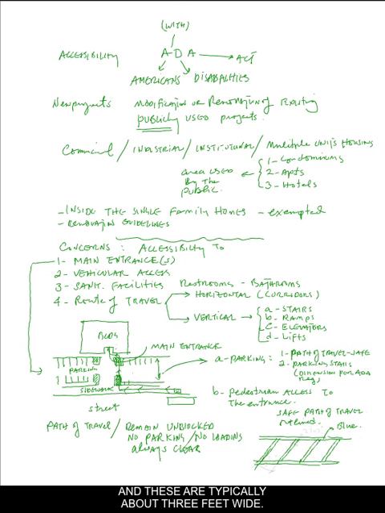And these are typically about 3 feet wide. The stripes are about 2 to 3 inches. And that way the path of travel is marked. I will shortly continue with the additional information on the main entry access and the sidewalk access, the slopes, and all of that.